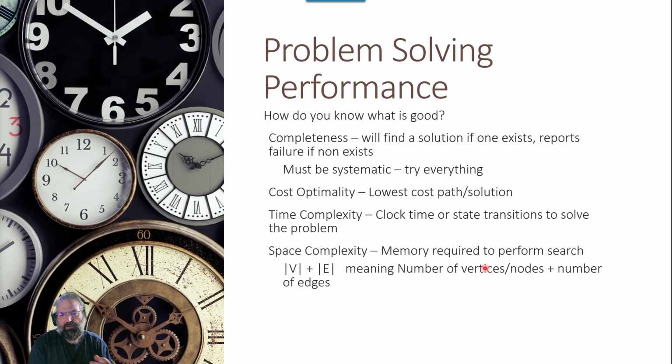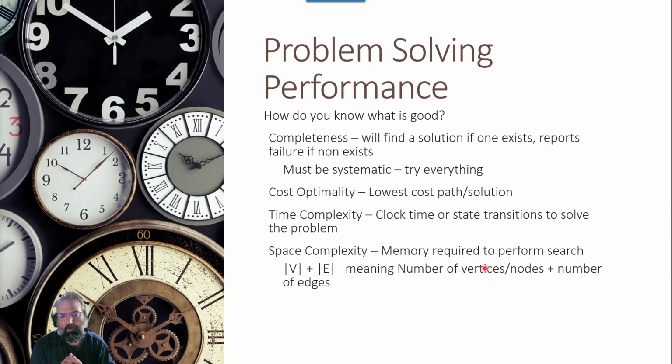Problem-solving performance: how do you know if it's good? There are at least several different ways of measuring performance. Completeness: will it find a solution if one exists, and report failure if there's not one? It may have to be systematic to be able to satisfy that, meaning it's an exhaustive search, literally trying all options.